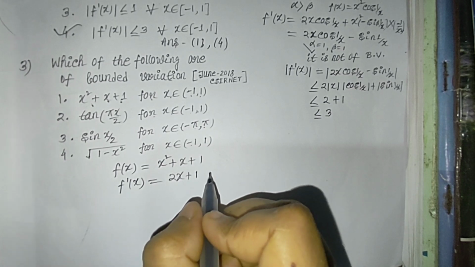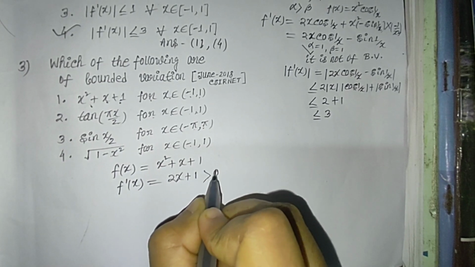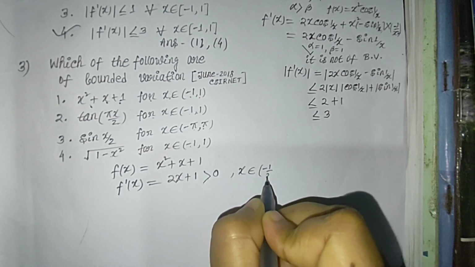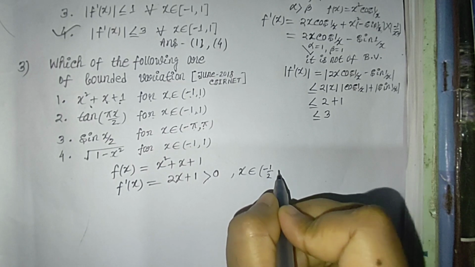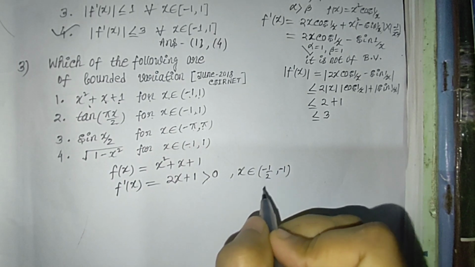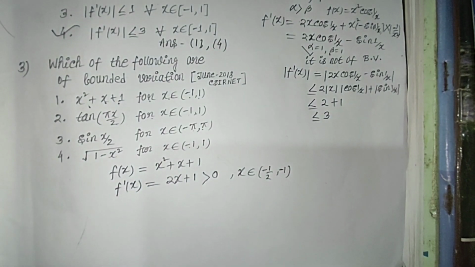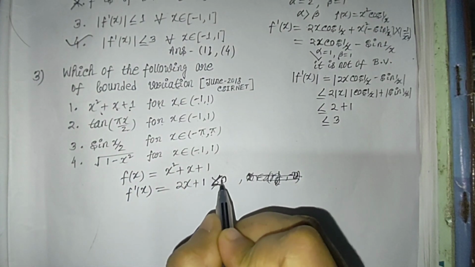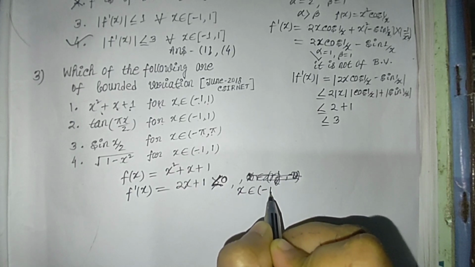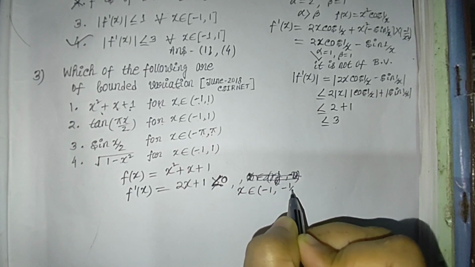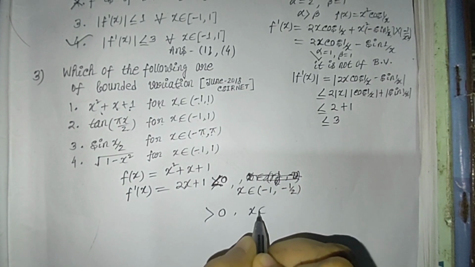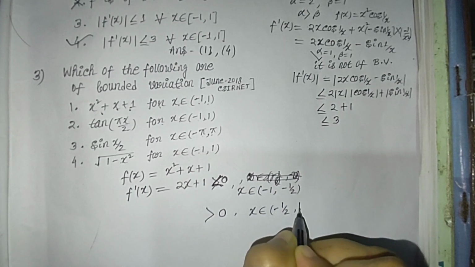So f dash x is less than equal to 0 when x belongs to minus 1 to minus half, and greater than 0 if x belongs to minus half to 1.